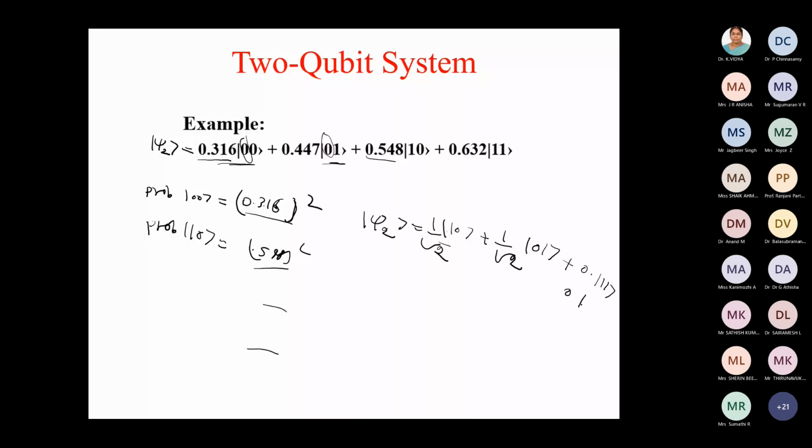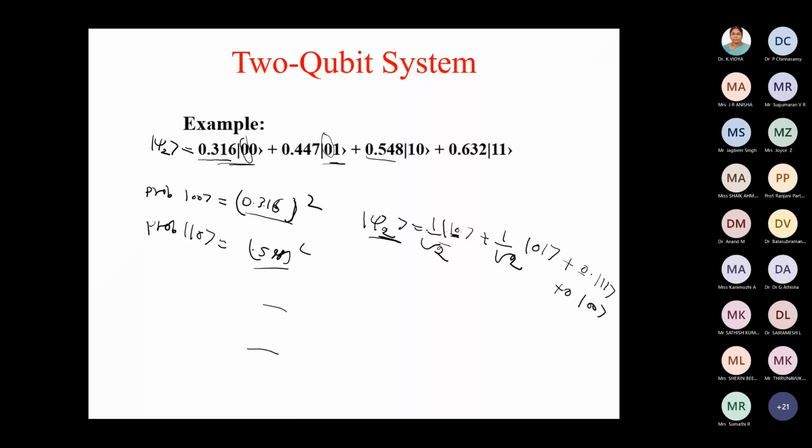There is no 1 1 and 0 0 there. So if I ask you the probability of measuring 1 1, the probability will be 0 because these coefficients are 0 here. What is the probability of measuring 1 0? Anyone? Not 0.548.